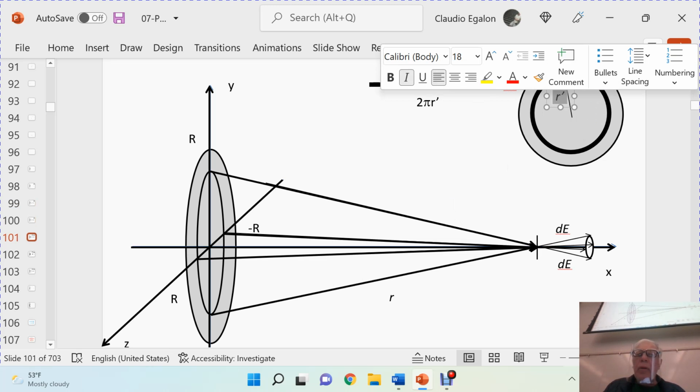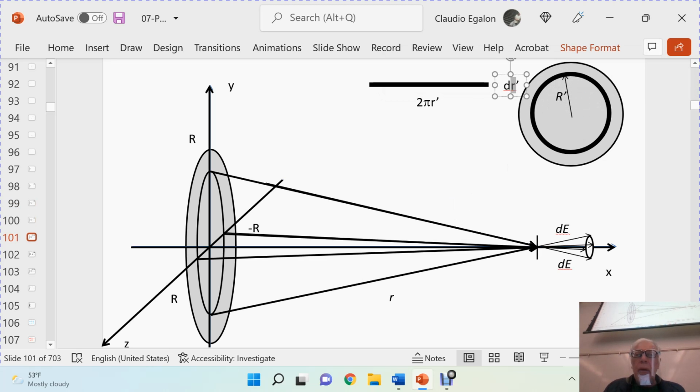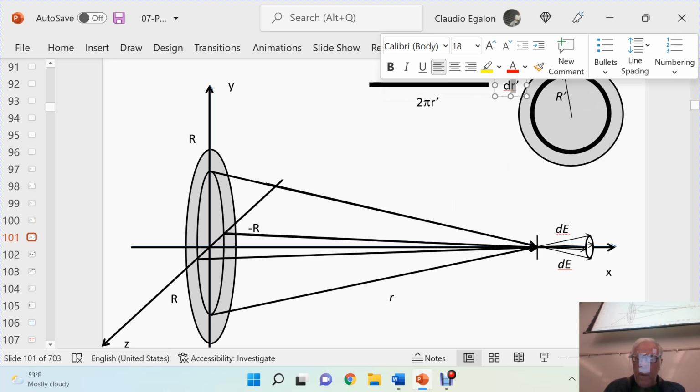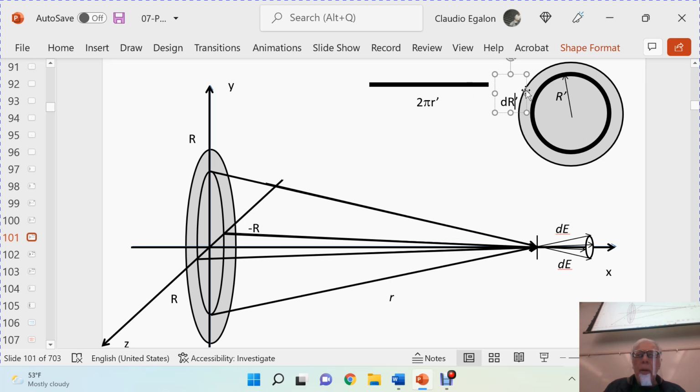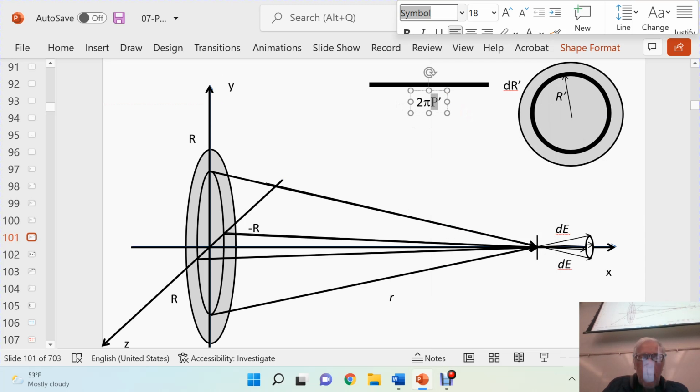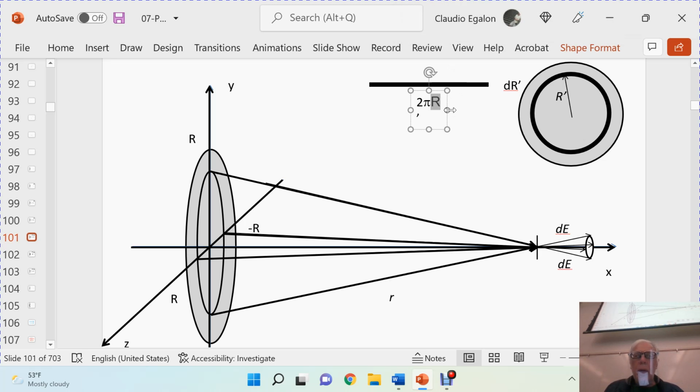I'm going to put the big R prime here, and here as well.